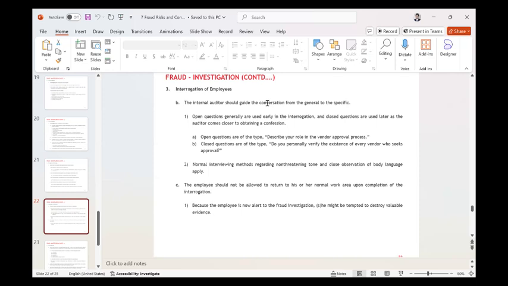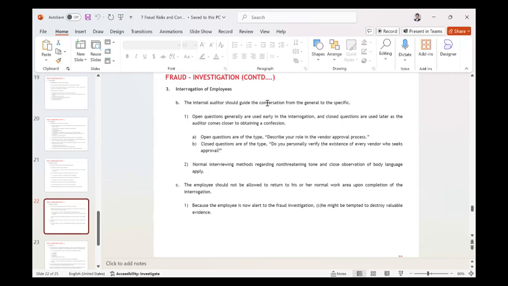And there are certain questions the interrogator could ask which are called closed questions. That is where the answer is yes or no. So you're telling me that you carried out the fraud on such a date. You're telling me that it was done between March and July. Yes or no. Once they explain, you need to get it confirmed.